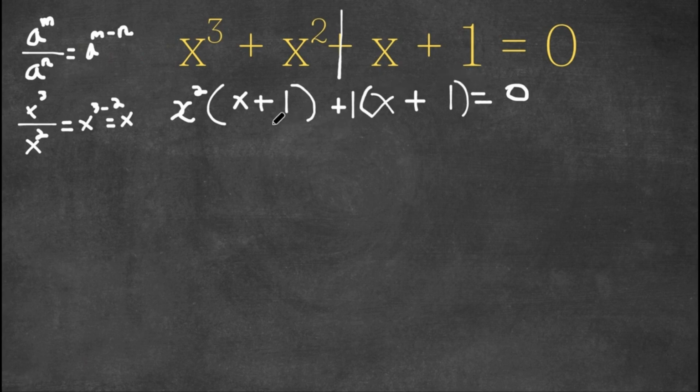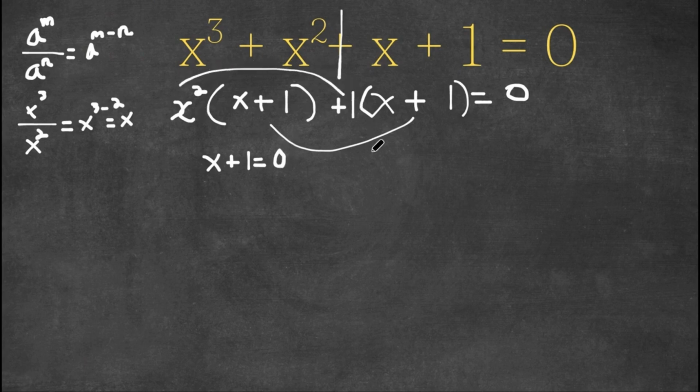So now these two are the same. So that's one equation, x plus 1 equals 0. And then we have x squared plus 1. So that's another equation. x squared plus 1 equals 0.